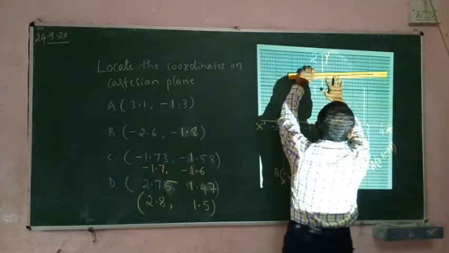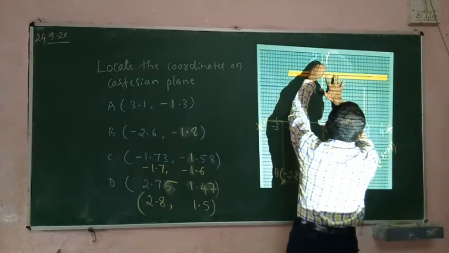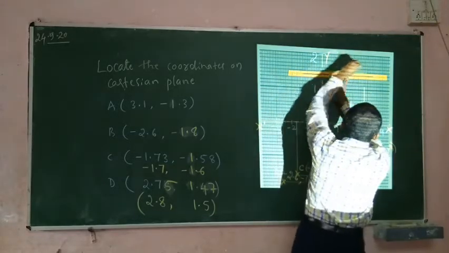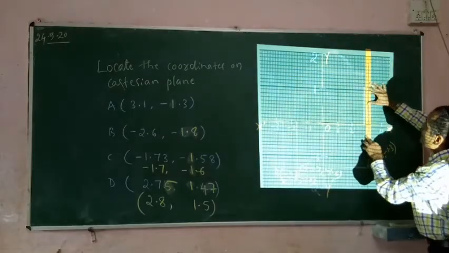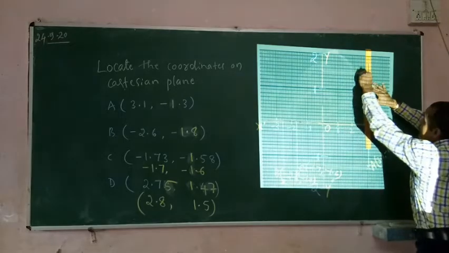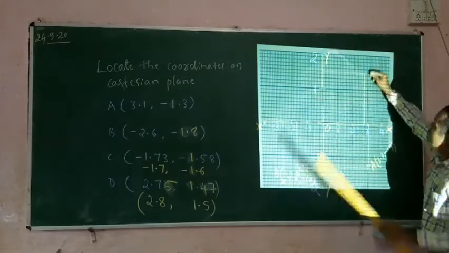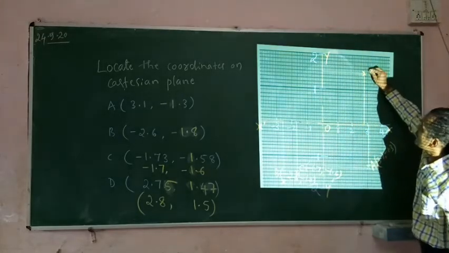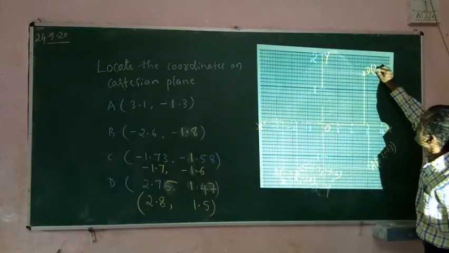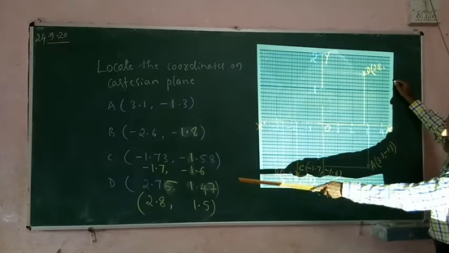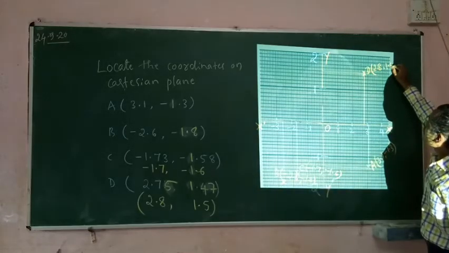From here, you can draw a horizontal line parallel to x-axis. From here, you can draw a perpendicular to x-axis where they are intersecting. That point you can call it as point D, whose coordinates are 2.8 and 1.5.